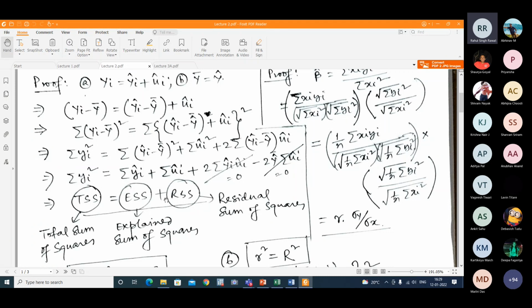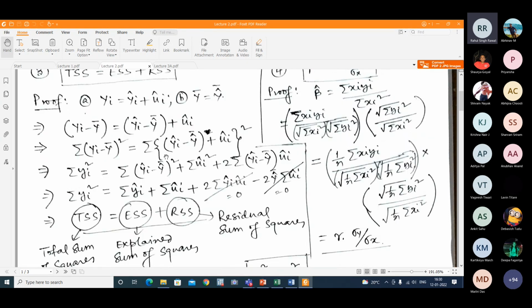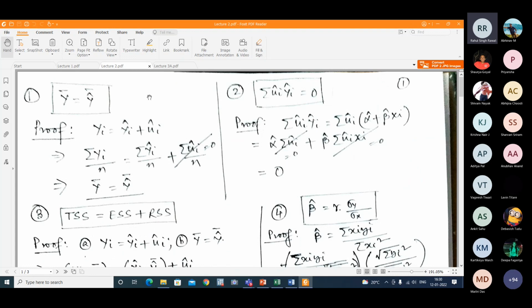But this derivation has a very important relation with reference to our discussions on inclusion of intercept into the model. Now you see, if I don't have intercept in the model, then summation of u hat i is not necessarily equal to 0.